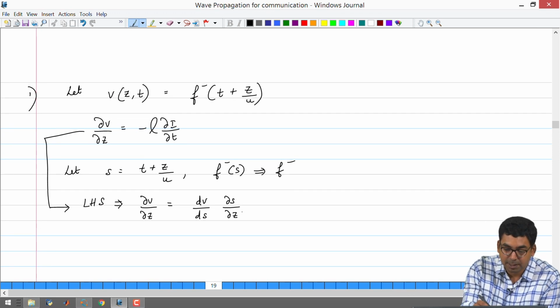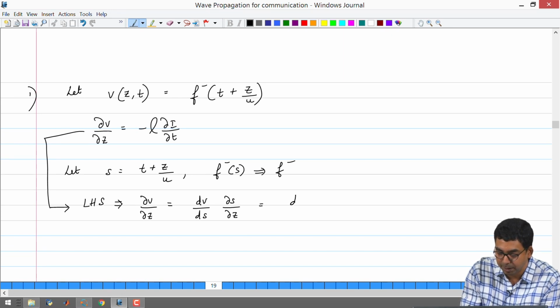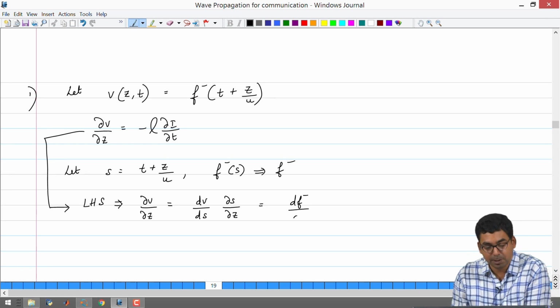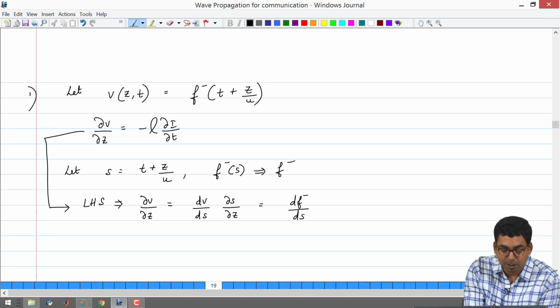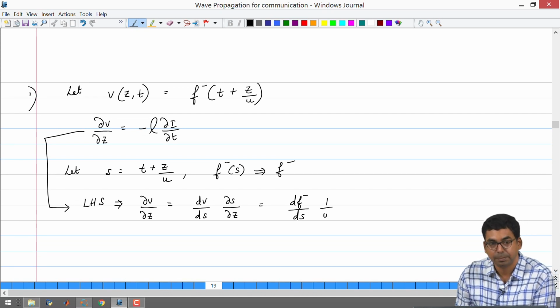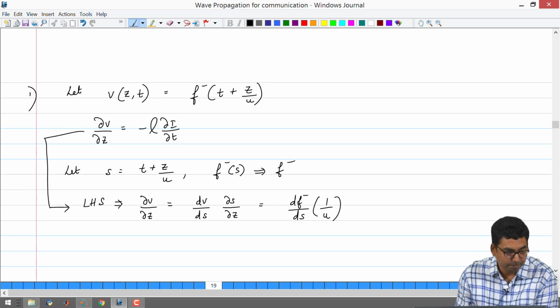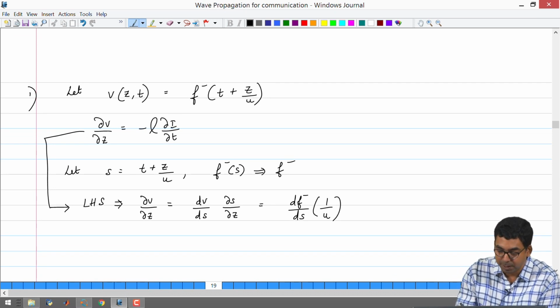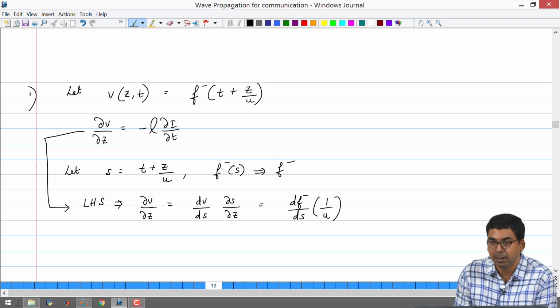Since the voltage is f minus that we have taken, you could also write this as df minus by ds, and dou s by dou z. If s is equal to t plus z by u, you will just end up getting 1 by u. So, we have dou v by dou z equal to df minus by ds multiplied by 1 by u, where u is the velocity.